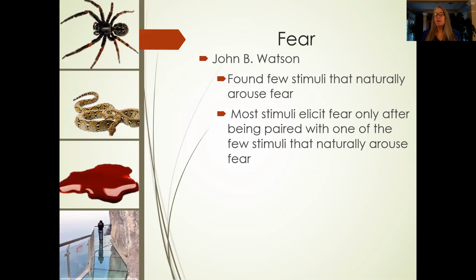And so it was sort of thought, boy, all of these things will naturally lead to fear. They didn't need to be learned in any way. But Watson, through some of his research, learned that that's just not true. There are very few things that we're innately afraid of.